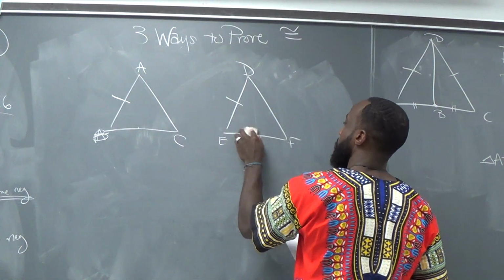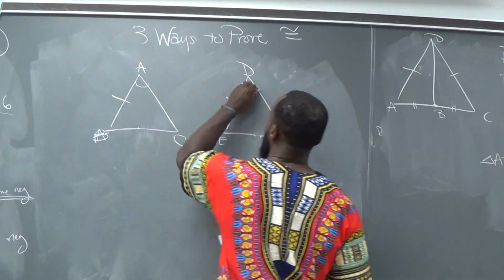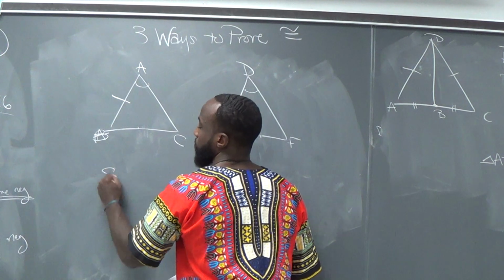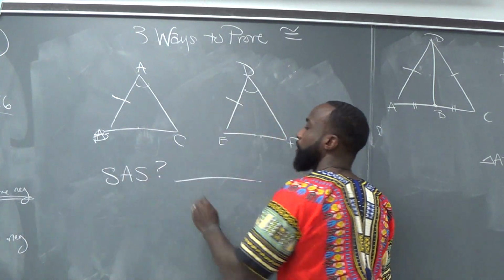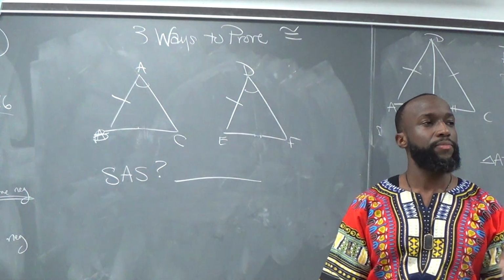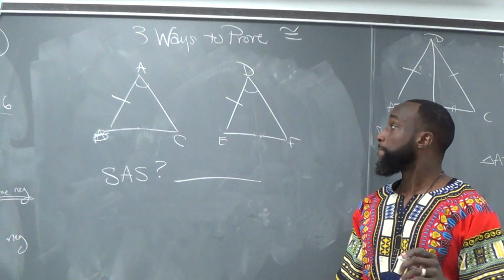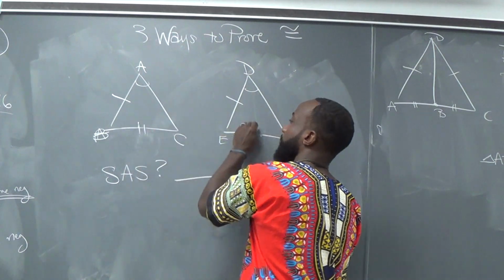What if I put an angle here? What would I need to prove these triangles are congruent based on side, angle, side? What would you need? Yes, Molly. Would it be BC and EF? She said BC and EF.